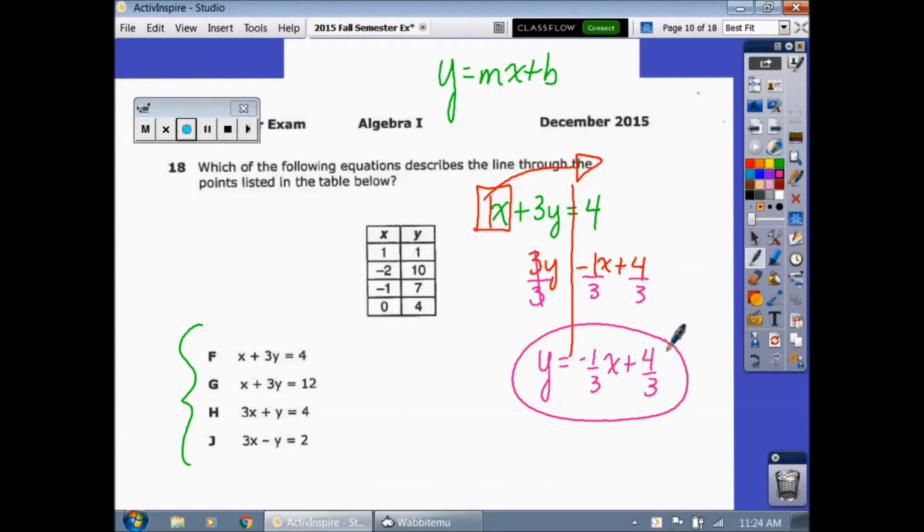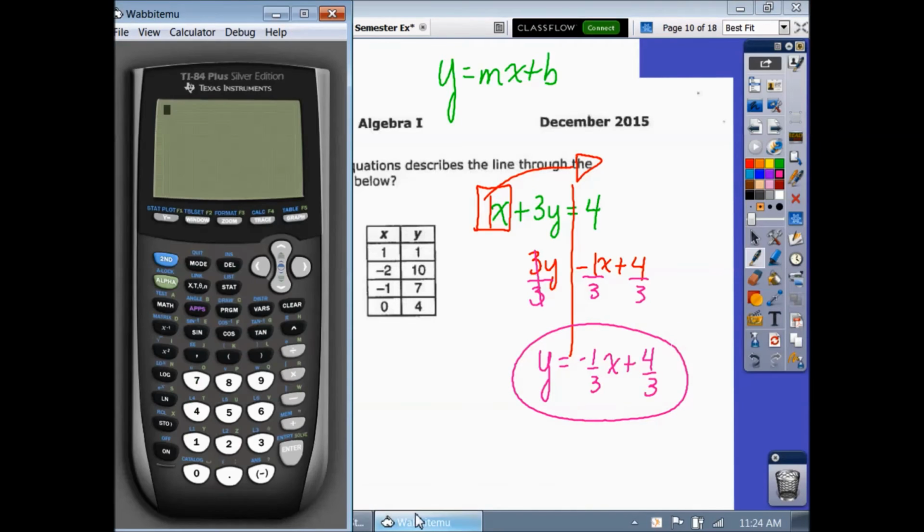So what you can do is you can take this equation here. We are going to type it in, y equals. So let's type in our equation. So we're going to go and type in negative 1/3 x plus, and we'll go back in here and create another fraction, plus 4/3.